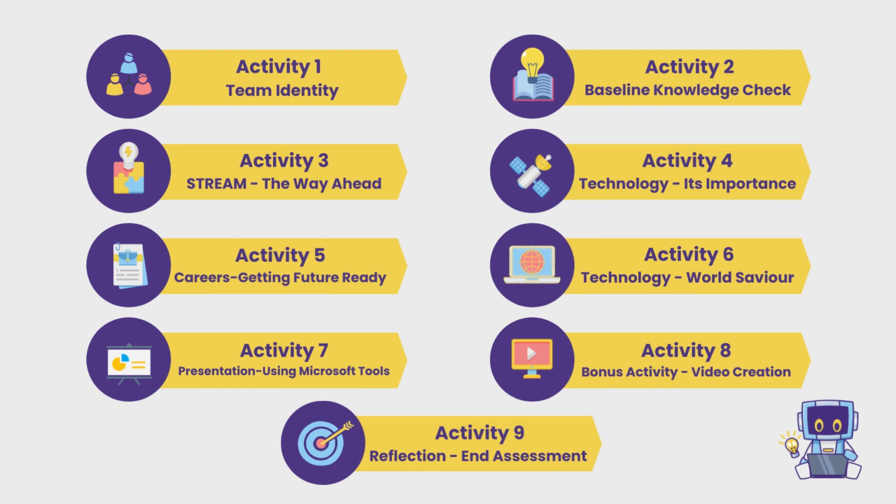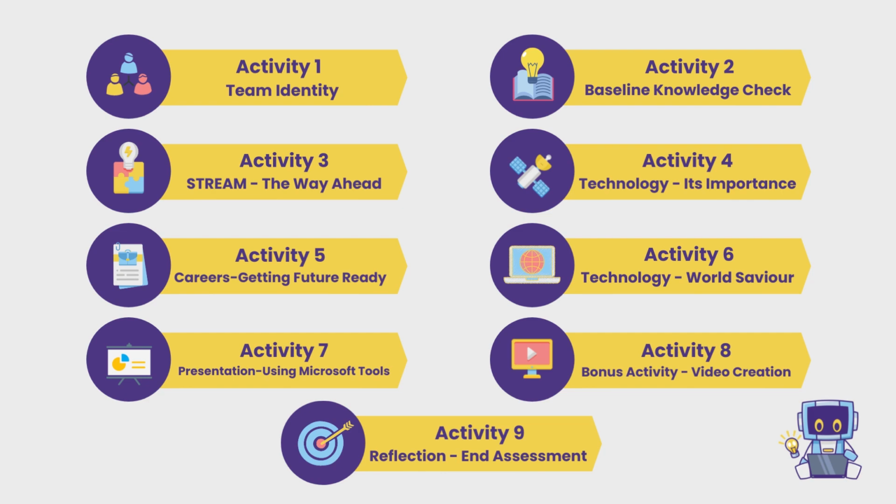That is, all the students in the team will have to complete these activities. Activities 3 to 8 are team activities. That is, the student teams that you create together will have to complete these.